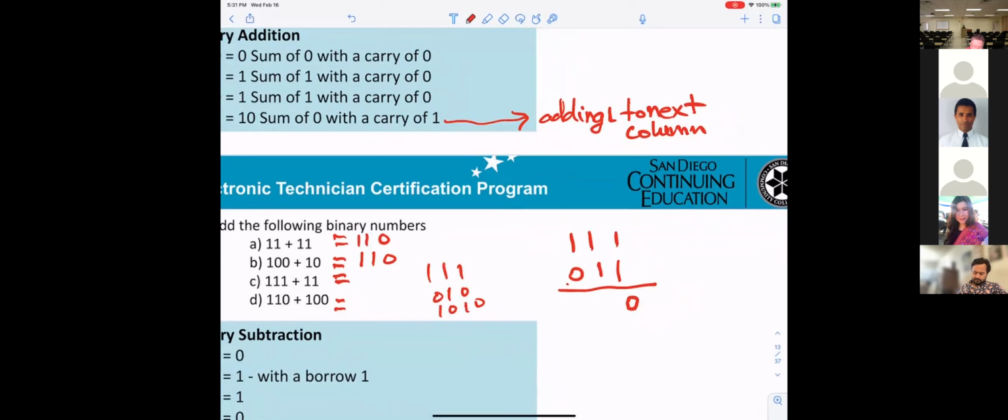Carry means you add 1 to the next column. Put the 1 here. 1 adding to 1, you get 0, carry 1. And 0 adding to 1, you get a 1, still carry 1, adding to the next column. 1 adding to 1 is 0. 0 adding to 0 is 0, but still carry 1. Carry 1, you add here, but there's no more adding, so bring it out. The answer will be 1010.